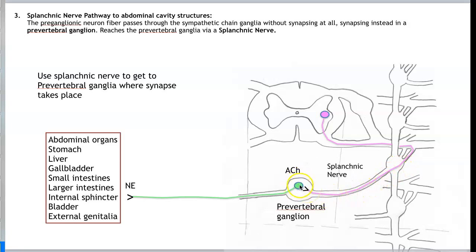Then you're going to synapse with your postganglionic neuron, and this postganglionic axon is going to leave the prevertebral ganglion, and it's going to synapse with any number of organs, and it's going to release norepinephrine. Not too bad?